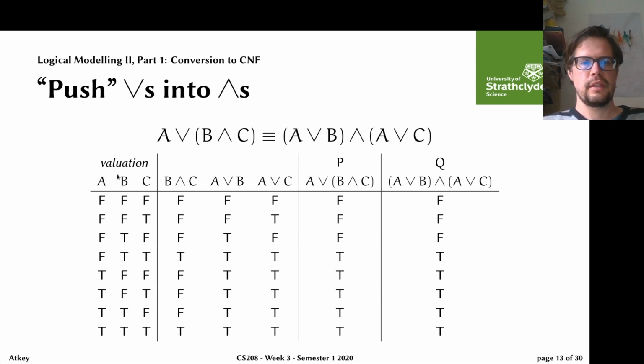And we can see just by this slightly larger truth table that again this works. This formula on the left is true or false exactly when the formula on the right is true or false. And then using this rewriting rule we can push all of these ors, which are higher up in the formula, further down in the formula. And of course what we want them to be is further down below all the ands in the formula.